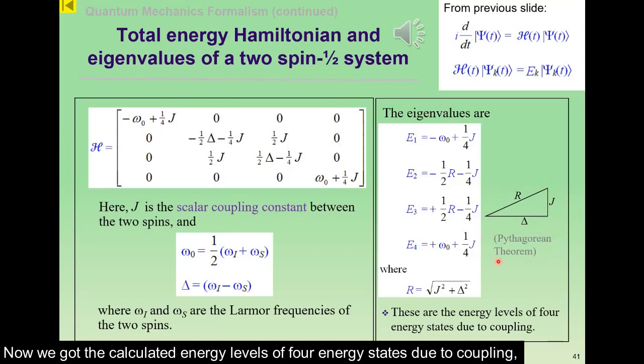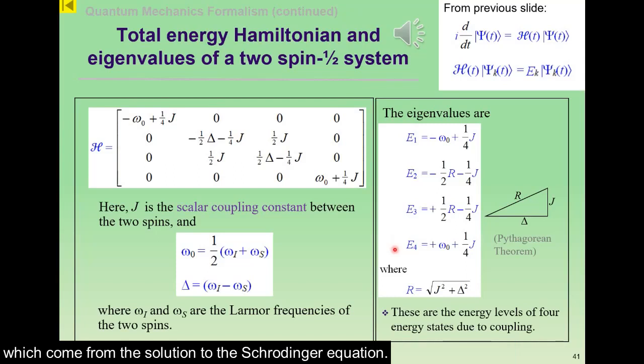Now we got the calculated energy levels of 4 energy states due to coupling, which come from the solution to the Schrödinger equation.